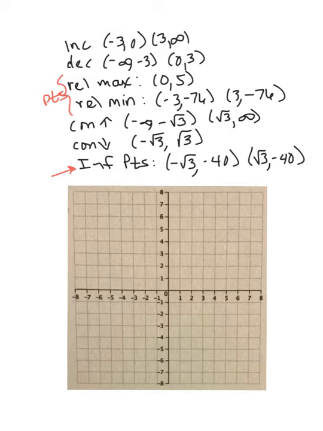So looking at those points, notice that we have y values of -76 and -40. So I need to change my scale on here, and I'm going to count by tens on my y-axis. The x-axis I'm going to leave as ones.